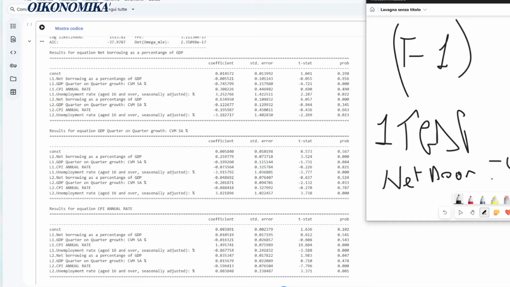So what it means is that economic growth is beneficial to diminishing net borrowing. If the economy is growing, even simply for the debt to GDP ratio, if GDP goes up at non-varying debt, that means the net borrowing goes down.